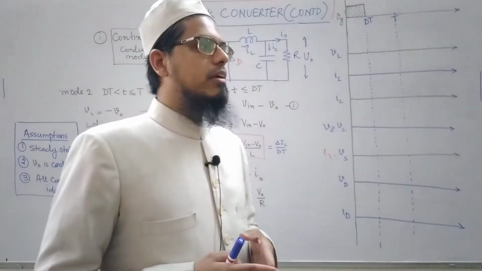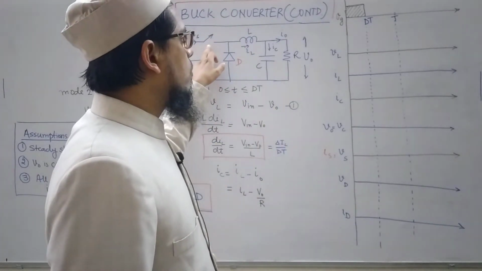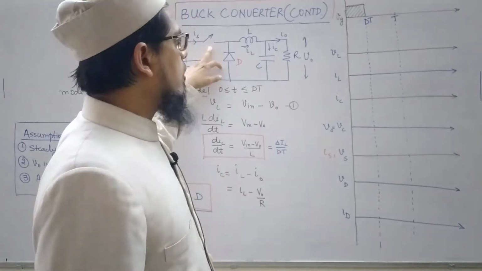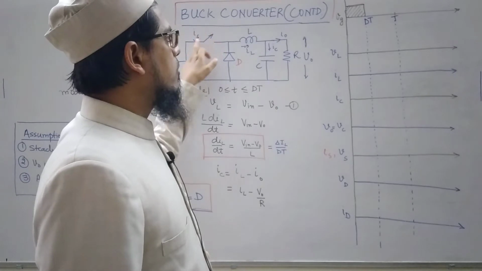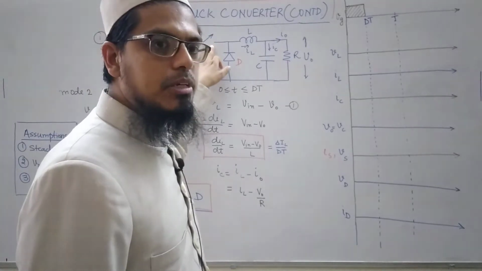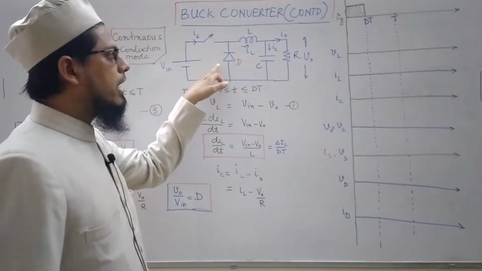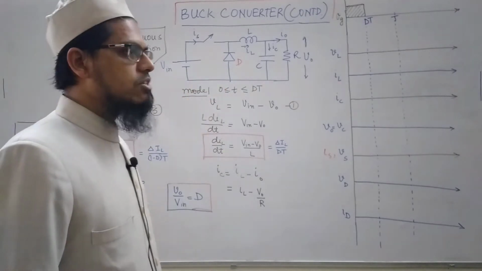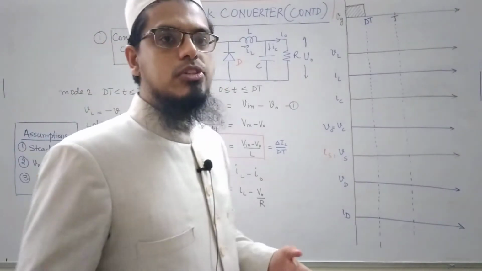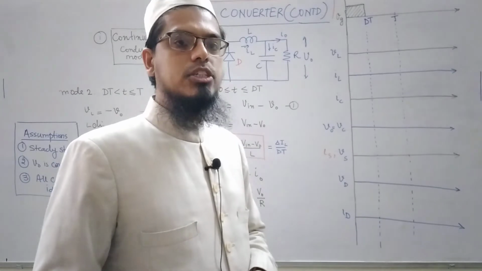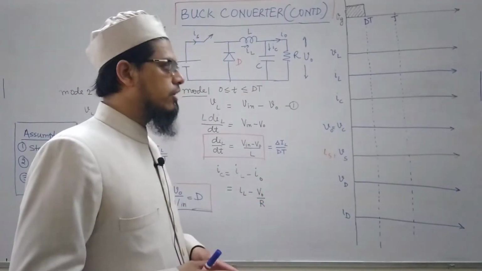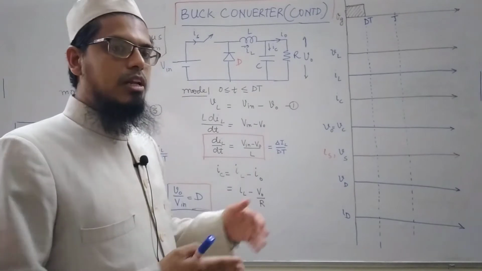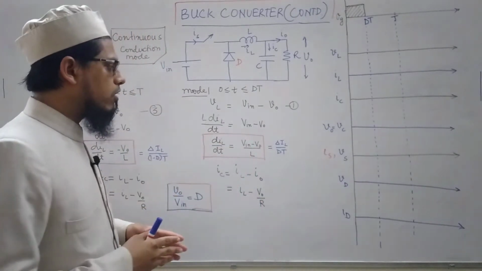That means there is no drop through any of these switches. This is a fully controlled switch, it could be an IGBT or MOSFET or BJT, and this is a diode. We are assuming that there is no loss associated with these switches during conduction and turn on and turn off periods. So with this assumption, let us move forward.